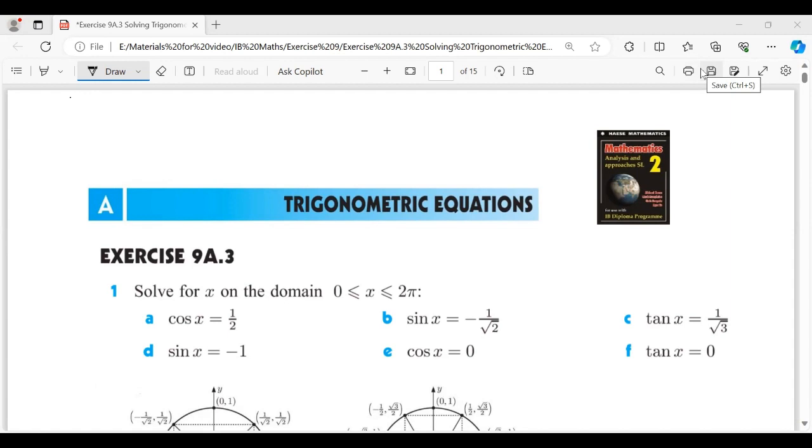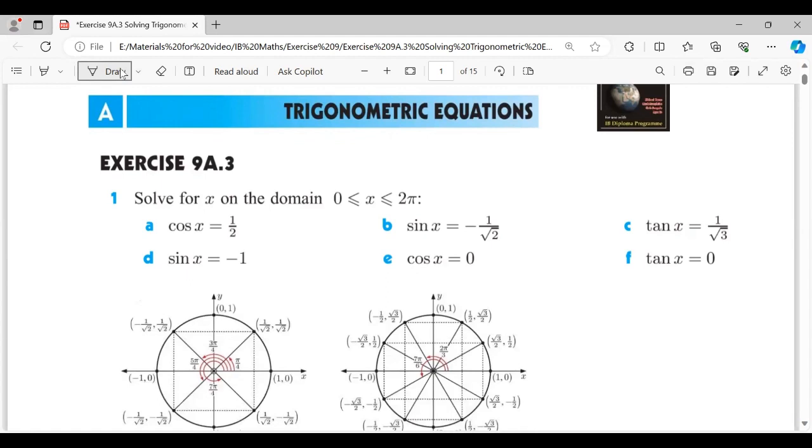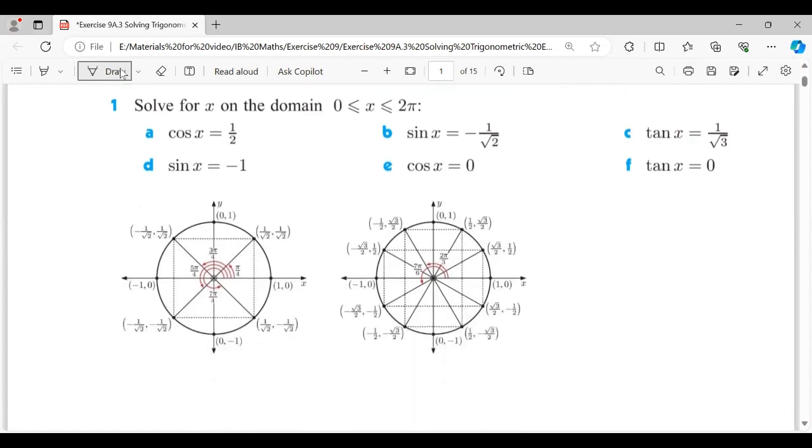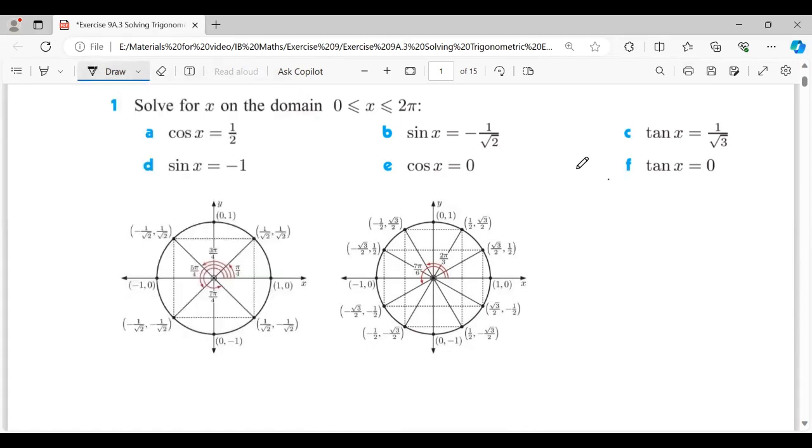If cosine x equals half, I'm going to use this diagram to determine cosine x.